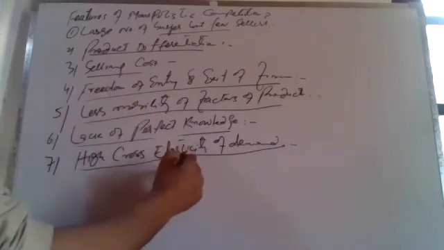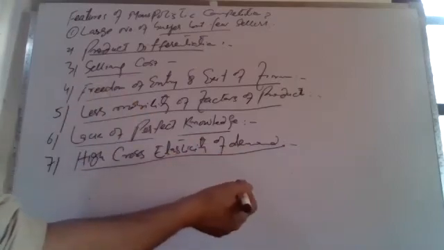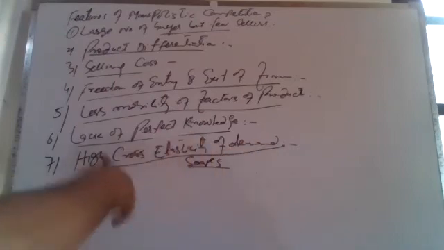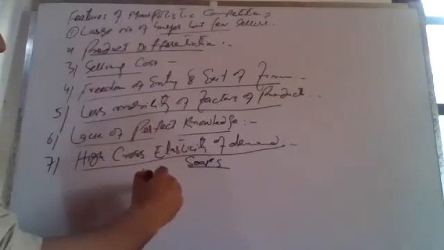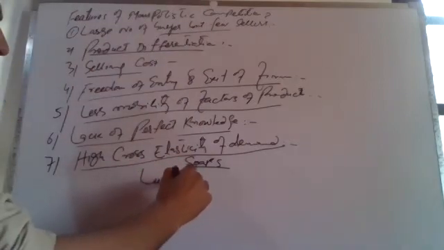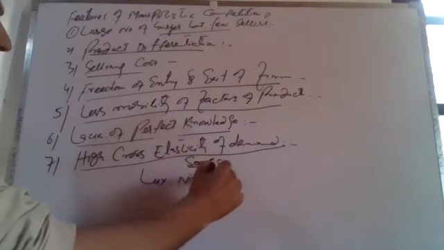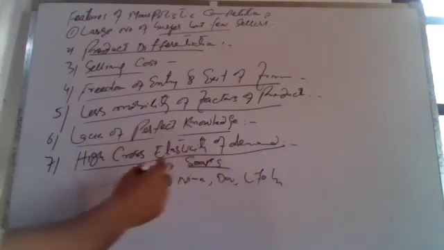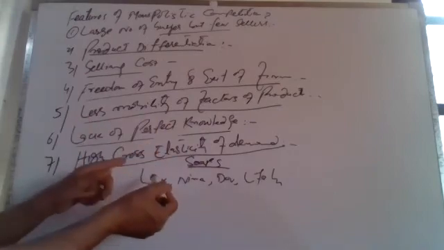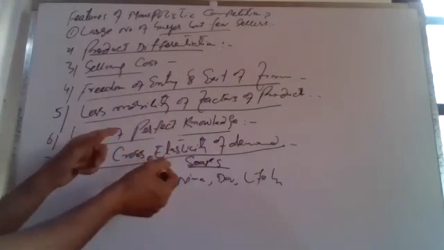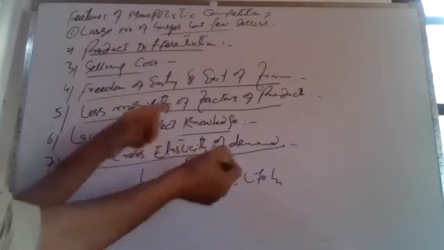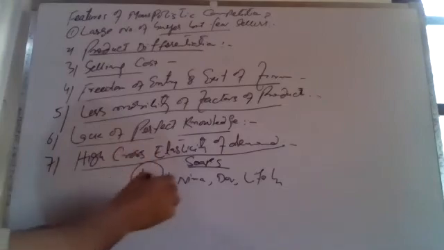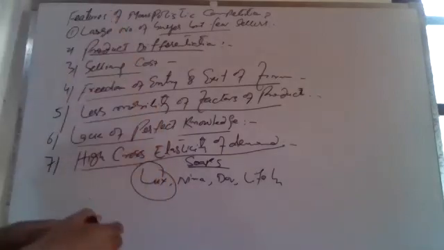If I take the example of soaps, we have n number of soaps. We have Lux, we have Nirma, we have Dove, we have Lifebuoy. If Lux increases the price, the customer can shift to Nirma, Dove, Lifebuoy, etc. So the demand for Lux may decrease.